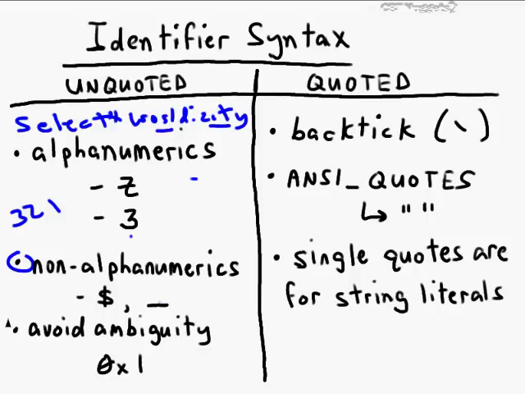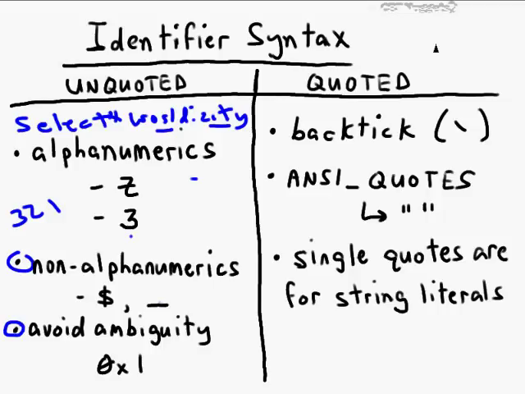Another thing you want to keep in mind when you're referring to identifiers and creating objects in a MySQL database is that you want to avoid ambiguity. And we'll go into some detail on this in the upcoming demo, but you don't want to create column names or table names that use reserved keywords. For instance, you probably wouldn't want to create a column name called insert. You can, and I'll show you ways around that.